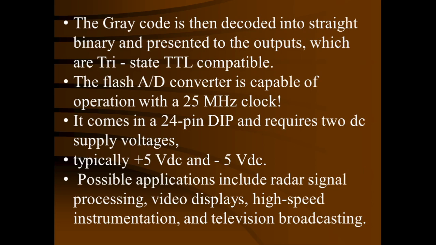So the smallest period is 1 upon 25 into 10 raised to 6 seconds, which is 1000 divided by 25, that is 40 nanoseconds. Within 40 nanoseconds, the analog signal is converted into the digital signal.